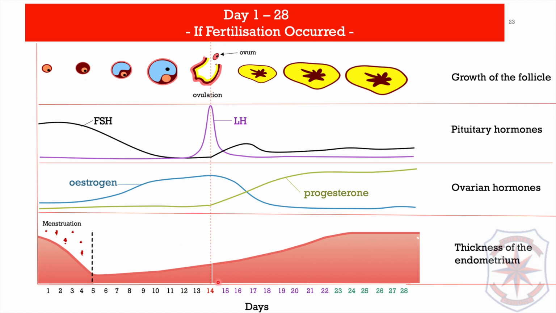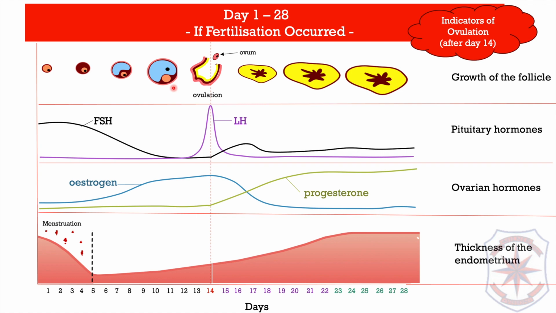So, before day 14, the endometrium was being thickened by estrogen, but after day 14, it will be thickened by progesterone. Okay? So we only have progesterone when the source of progesterone is there, which is the corpus luteum. We only have estrogen when the source of estrogen is there, which is the Graafian follicle. Okay.